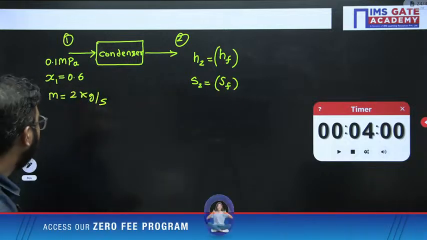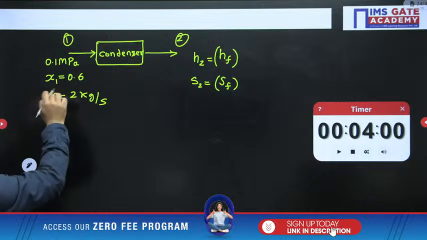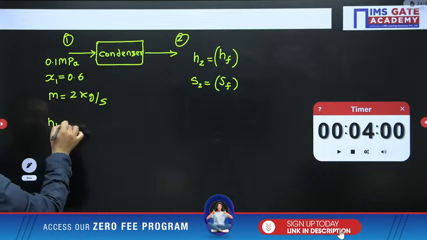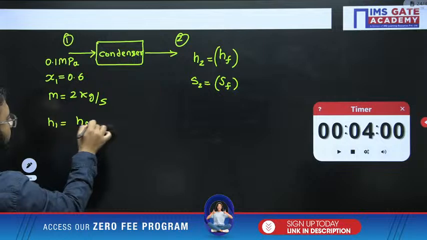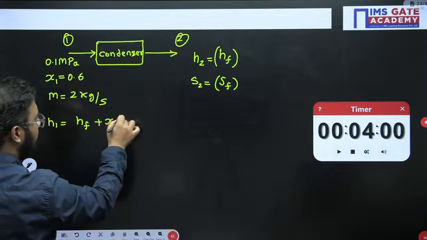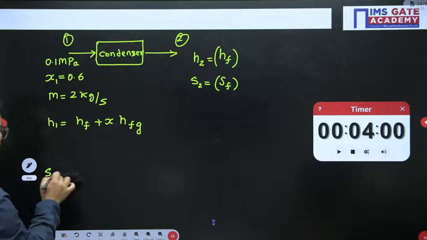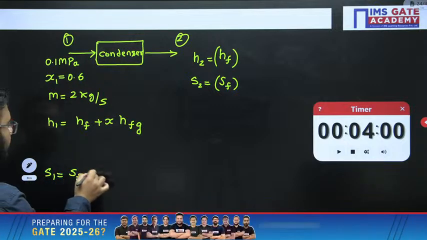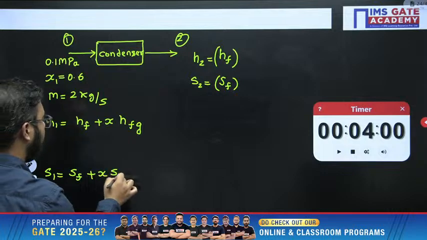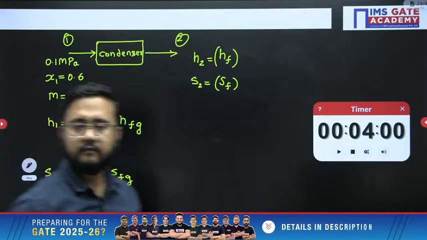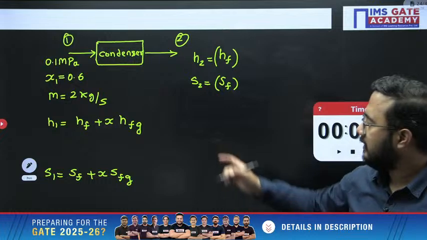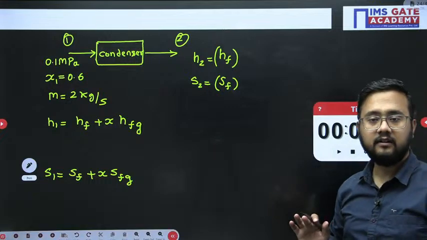Now they have given the dryness fraction, so we can calculate enthalpy as HF plus X HFG. In a similar way we can calculate S1 also, SF plus X SFG. Is it clear? H1 and S1 like this.